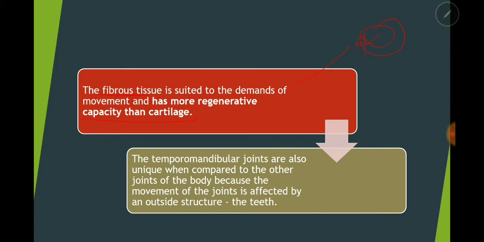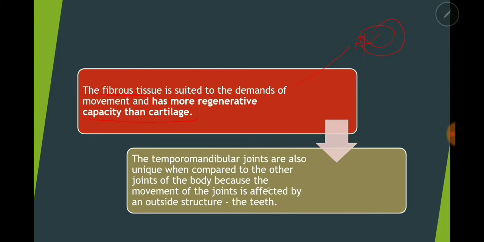In a joint which is always moving, whether you're eating, talking, yawning or whatever you're doing, that joint is always functioning. So to prevent wear, the fibrous tissue has a regenerative capacity. But cartilage doesn't regrow easily. If you want to regenerate the cartilage, it's very difficult.